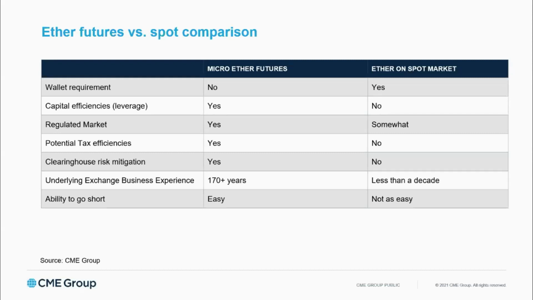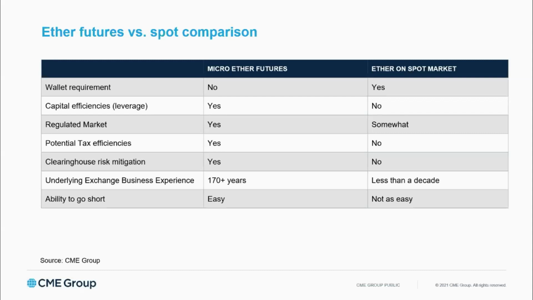Our markets offer potential tax advantages, or tax efficiencies, I should say. We do have a clearinghouse, so there is clearinghouse risk mitigation in our markets. And we've been in business for a little over 170 years, so the underlying exchange experience is plentiful on our side.